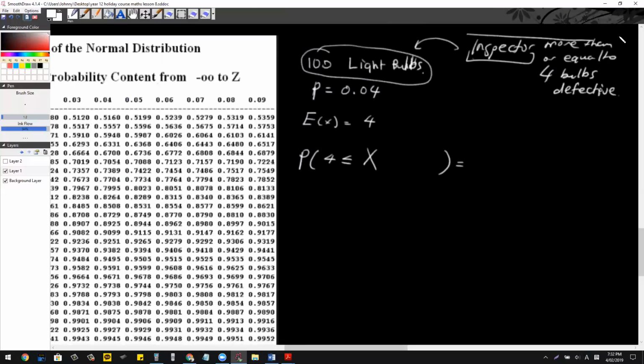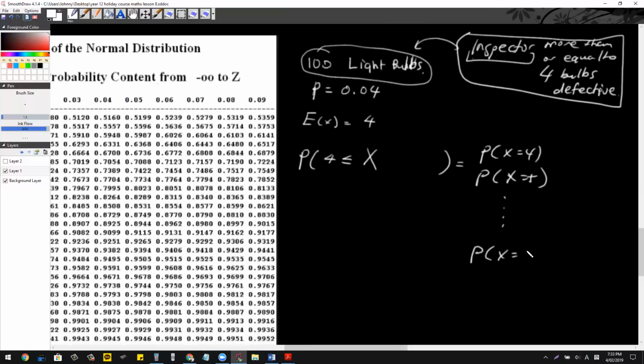Okay. So as the factory owner, I would like to know what the probability is for this inspector finding 4 or more light bulbs defective. So this is probability that x is equal to 4, probability x is equal to 5, all the way down to probability x is equal to 100. Okay?